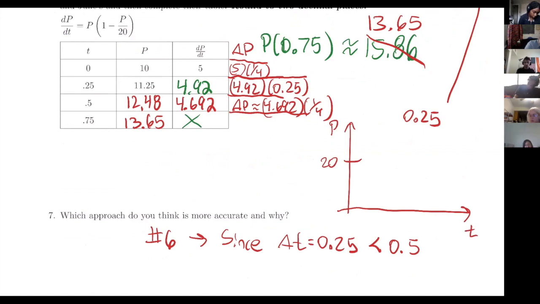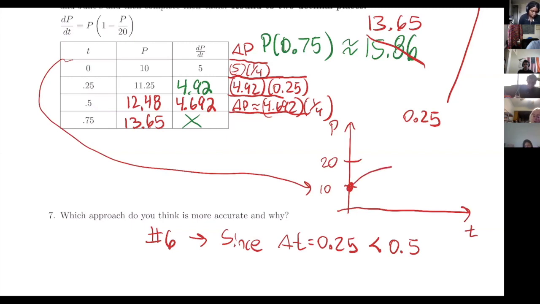We were approximating what happens when we start off at this point over here at time 0, where our population is 10. What we can see is that it's going up, but it's going up by less and less. At some point, we should see our values start to flatten out close to 20. That's what we would expect to happen.